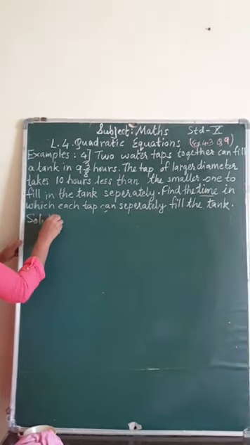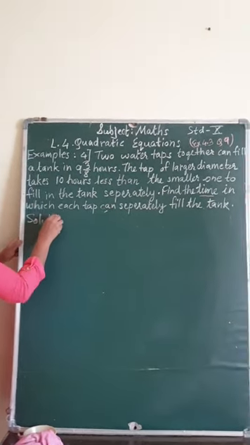If this is together in 1 hour, then in 9 whole 3 upon 8 hours, how much portion will be filled? That will be 9 whole 3 upon 8 into (1 upon x plus 1 upon x minus 10).